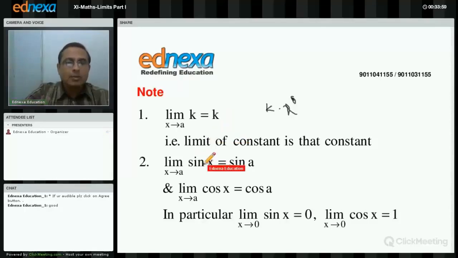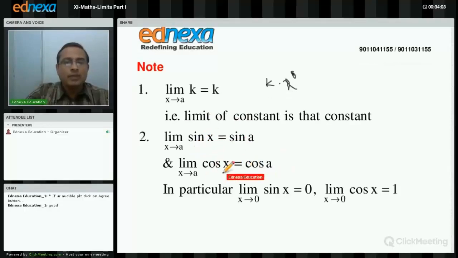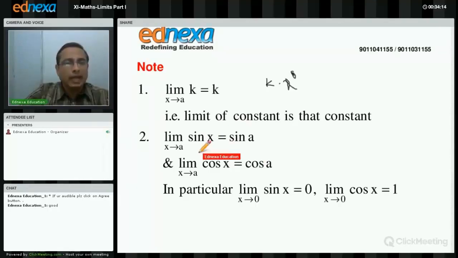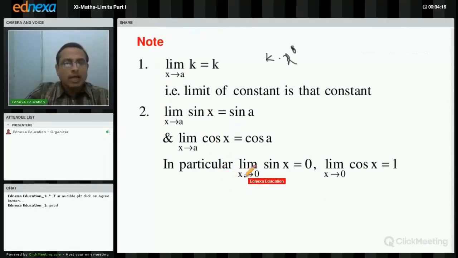Second, limit of sin x as x tends to a is sin a, and limit of cos x as x tends to a is nothing but cos a. So here to take the limit means to replace every x by its limiting value, which is a in this case. In particular, limit of sin x as x tends to 0 is sin 0, which is 0.